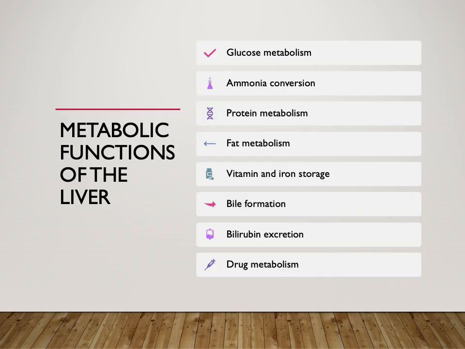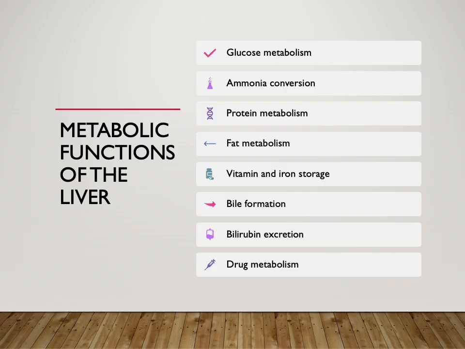Ammonia conversion. The liver takes that byproduct ammonia from gluconeogenesis. Again, that's a process where we're using amino acids from protein, or lactate produced by exercise, in response to hypoglycemia. So basically, ammonia is this byproduct that's made and can build up in the bloodstream, and it also can be produced in the intestine.